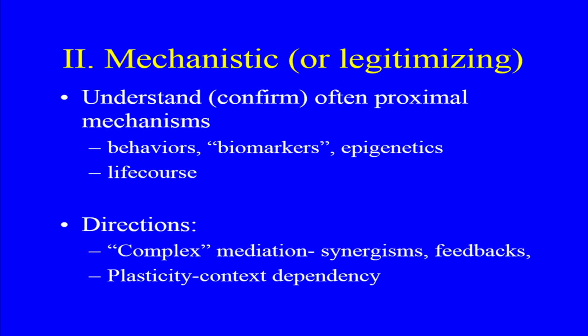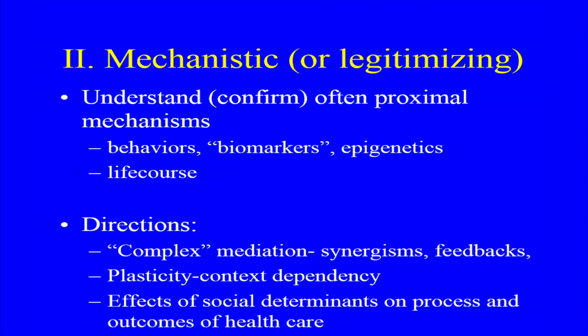Closely linked to this is the idea of context dependency and plasticity, that, as I was saying, there may be different paths to the same outcome depending on other contextual features. Again, this makes us think about a more systems way of thinking about the drivers of health. Also, this doesn't fit exactly within mechanistic, but it's related: we also need to focus on how social determinants affect the process and outcomes of healthcare.